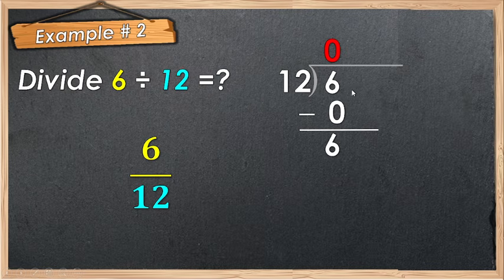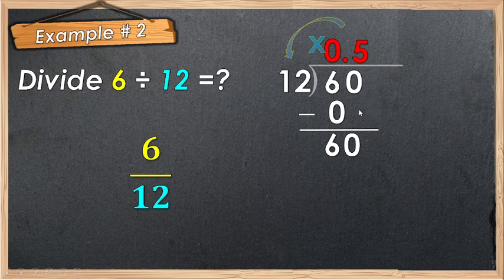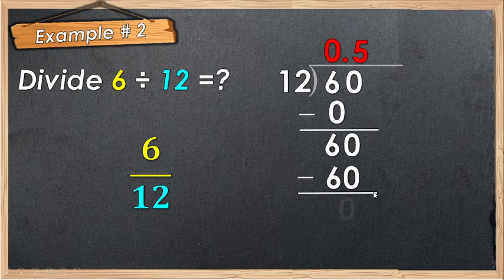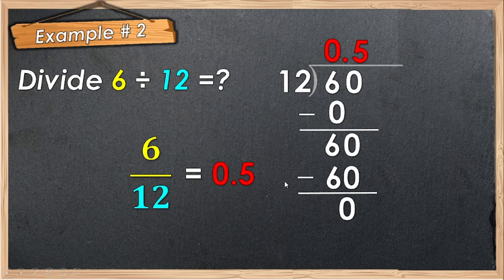Then if you add 0, you add a decimal point. Bring down 0. Now we have 60. 60 divided by 12 is 5. 5 times 12 is 60. Then 60 minus 60 is 0. So continue the process of dividing until you get the digit 0. Therefore 6 divided by 12, the answer is 0.5 or 5 tenths.